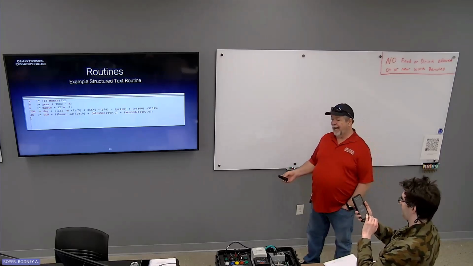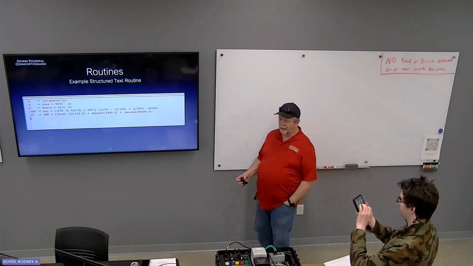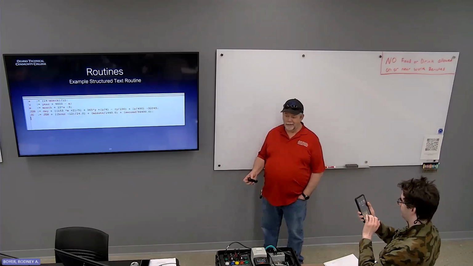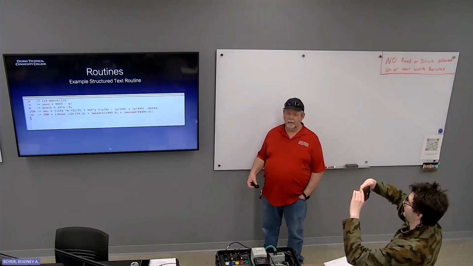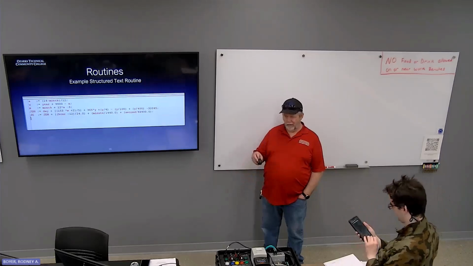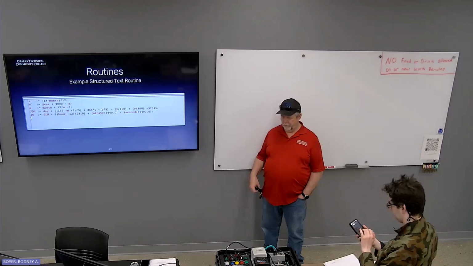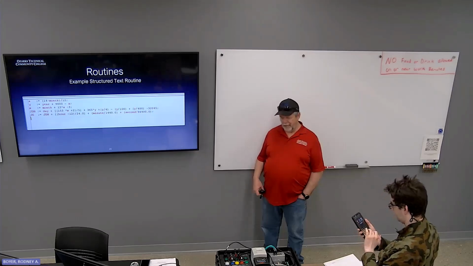Whatever the hell A is, 14 minus the month divided by 12. Whatever Y is, the year, plus 4800 minus A, which was 14 minus the month divided by 12. M equals month plus 12 times A minus 3.